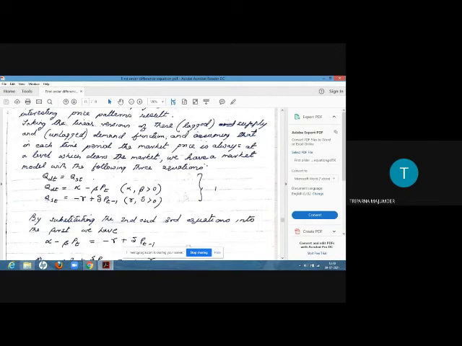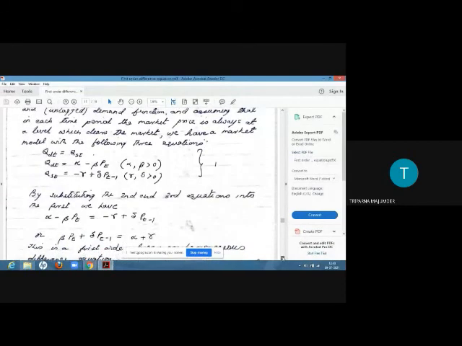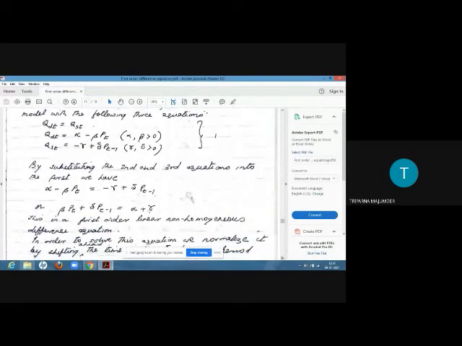Likewise, we have quantity supplied is equal to minus gamma plus delta P_{t-1}. Delta is the slope of the supply curve, which is a positive slope, but this quantity supplied depends on the price of the previous period. By substituting the second and third equation in the first, we get a difference equation of the type beta P_t plus delta P_{t-1} is equal to alpha plus gamma.